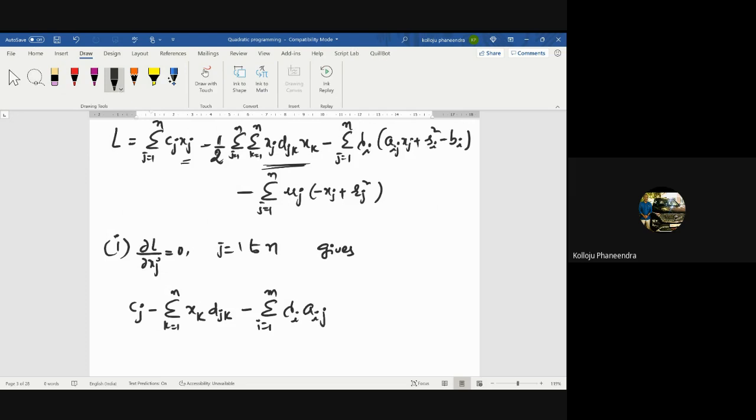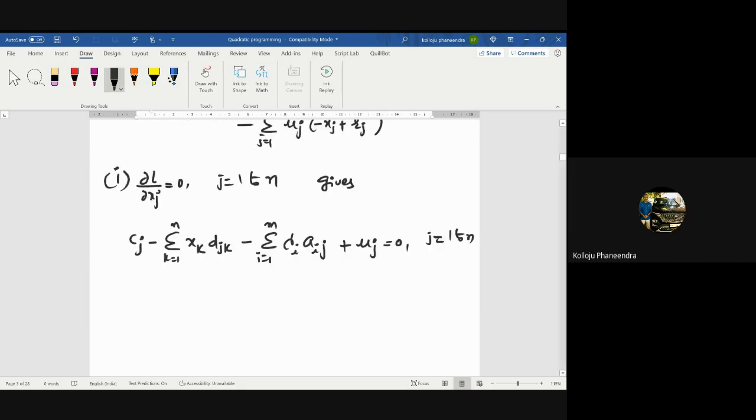This is over with respect to xj. Next one, this is the last step, plus the xj derivative of minus 1, so you will get mu j equal to 0, j equal to 1 to n. This is the first condition. So I'm underlining this. This is the first condition.